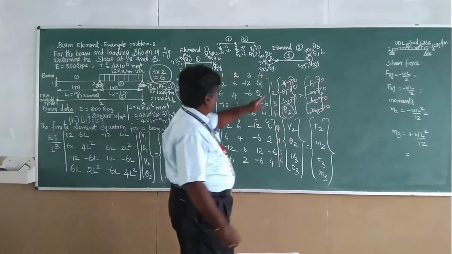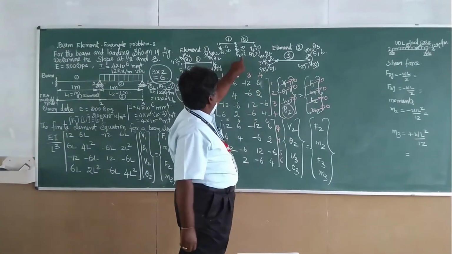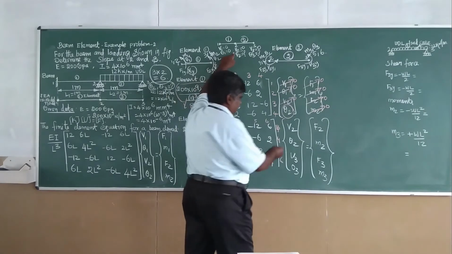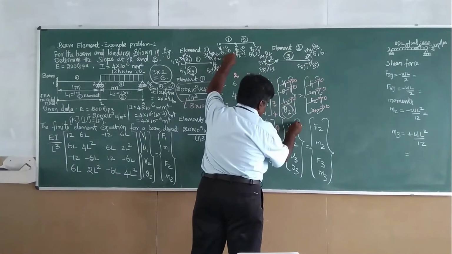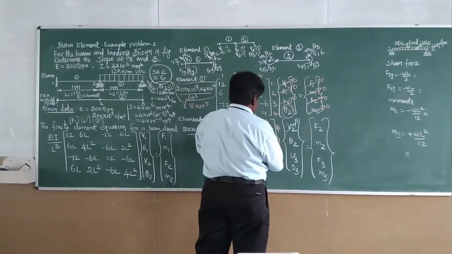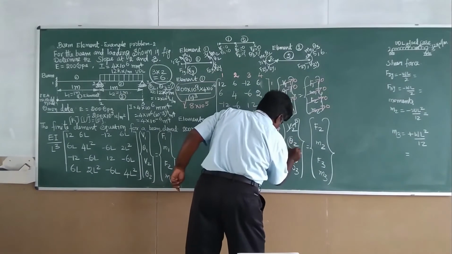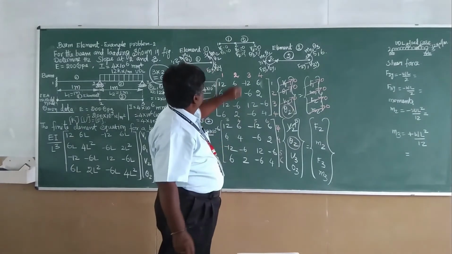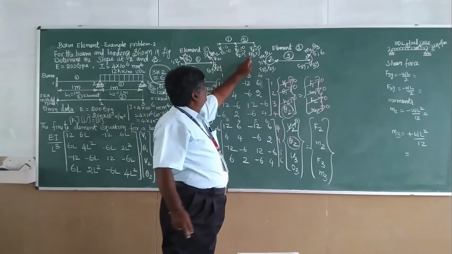Considering element 2, what is the boundary condition? V2 is 0, theta 2 we have to determine.